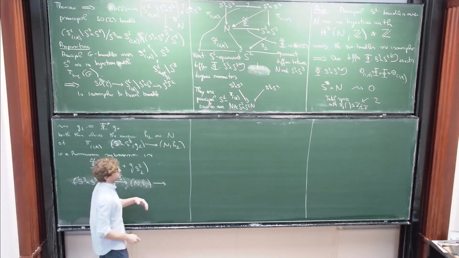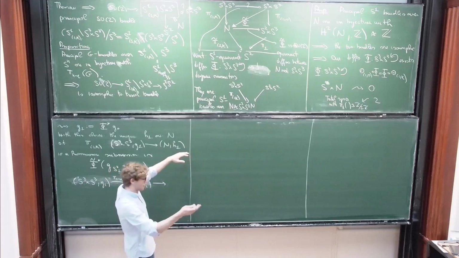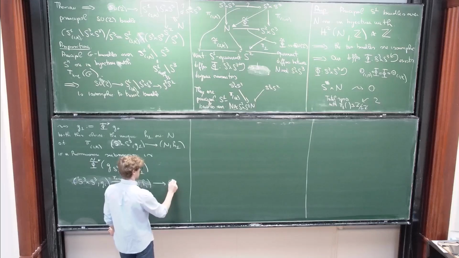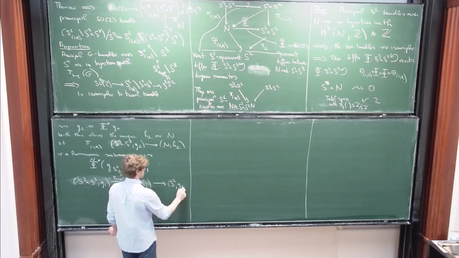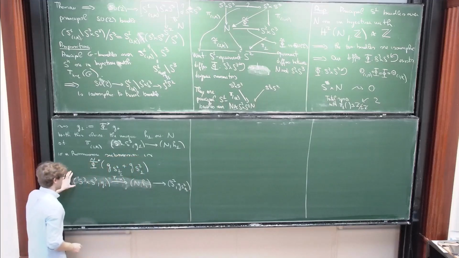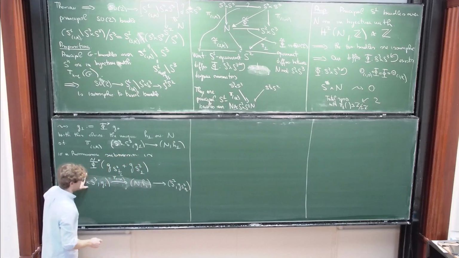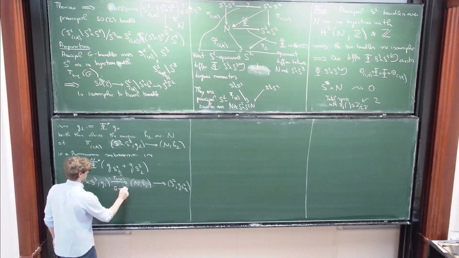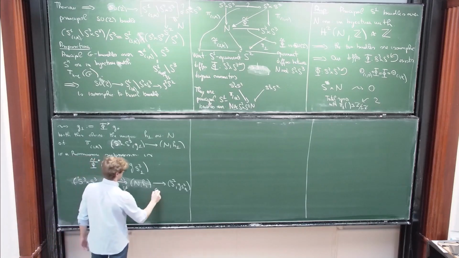Then I take the second projection, the quotient with respect to the S3 action, and I get to S2 with a metric. So these are both principal G bundles, where G is S1 here, and G is SU2 here.